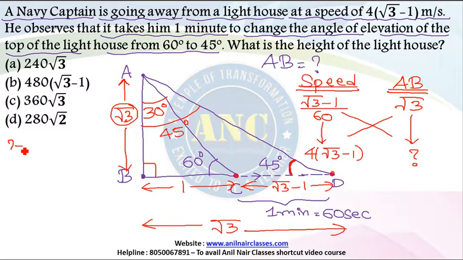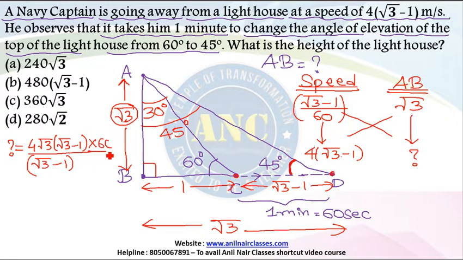Question mark will be equal to 4 into root 3 minus 1 into root 3, divided by root 3 minus 1 divided by 60. That 60 will go to the numerator. Root 3 minus 1 cancels. 4 into 60 is 240 times root 3 should be the answer, which is option A.